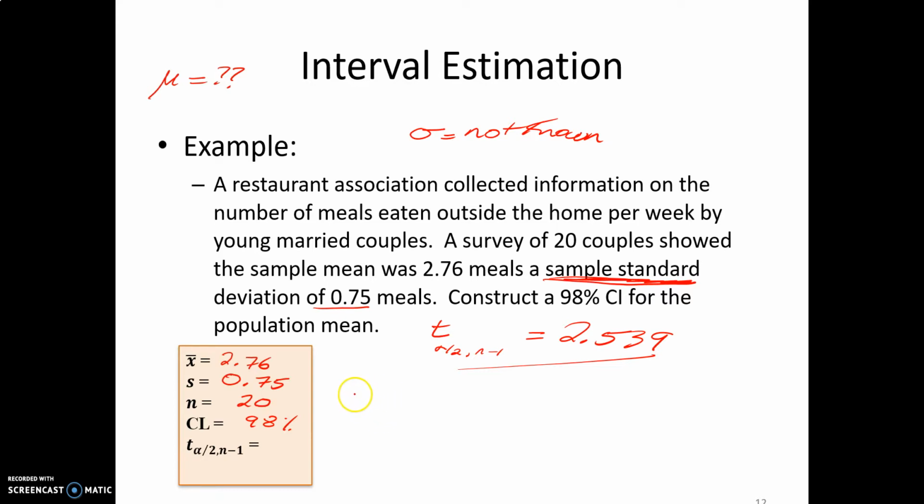We're going to have the sample average, 2.76, plus or minus the t-value, 2.539, multiplied by the sample standard deviation, 0.75, divided by the square root of 20. So remember that this last part here is our standard error. Everything after the plus or minus is the margin of error.